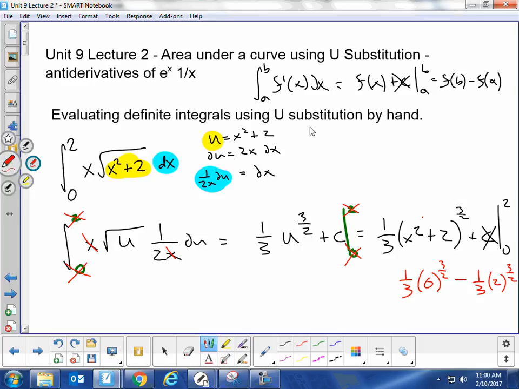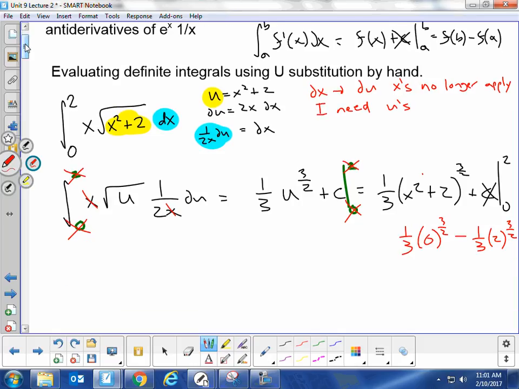If you go from dx to du, x's no longer apply. I need u's.